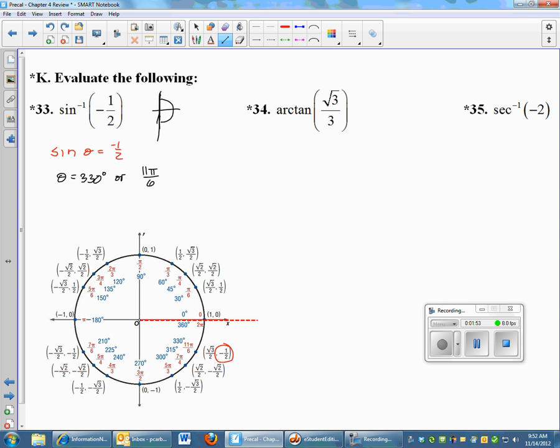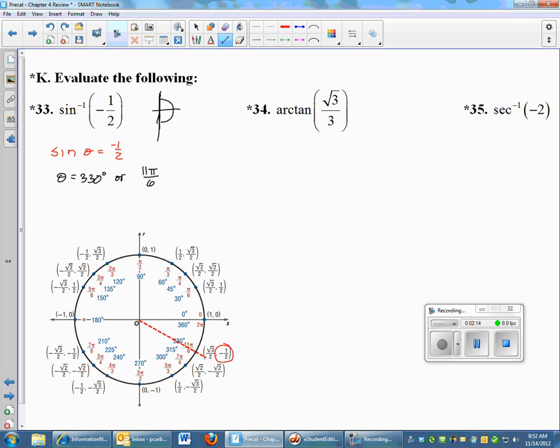So if this is 0 degrees, to get to 11 pi over 6, the quickest way would be to go backwards so many degrees. If you say 330 degrees, what that means is you opened up and went all the way around to 90, to 180, to 270, and finally we get to 330.